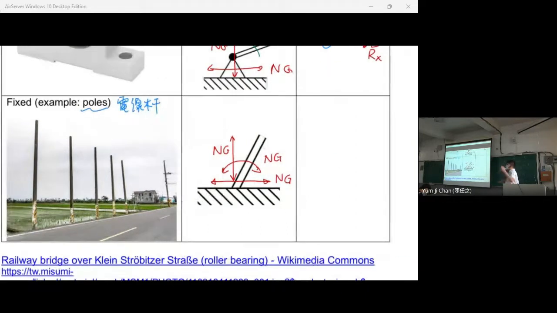We do not have horizontal motion, we do not have vertical motion, and we do not have rotation either. So to draw support forces, we have Rx, and we have Ry, and we have a moment.